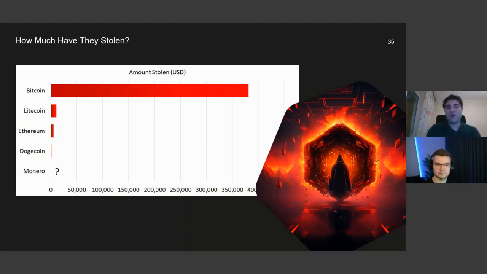And we've seen it's more like, I would say, $400,000, mostly in Bitcoin, and a little bit of Litecoin, Ethereum, Dogecoin, Monero. Overall it tops around 350K from what we see. But the numbers may go up soon.